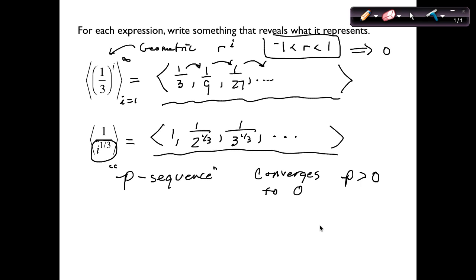So the geometric and the P sequences, if they converge, it'll always be to 0, but other sequences don't have to converge to 0. They can converge to any real number. But these particular ones either diverge or converge to 0. And what does convergence mean?